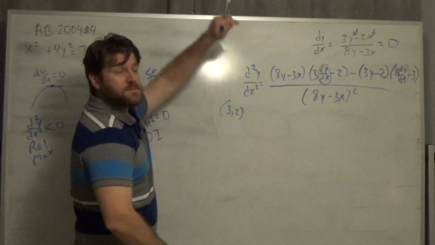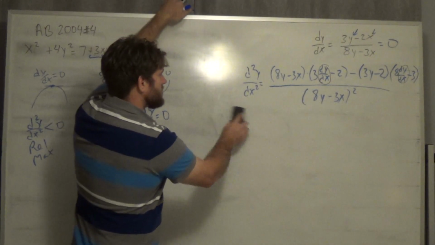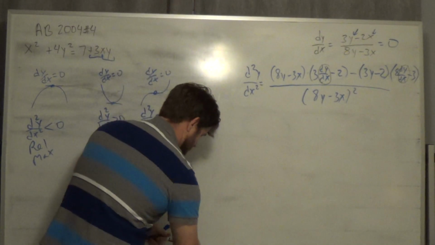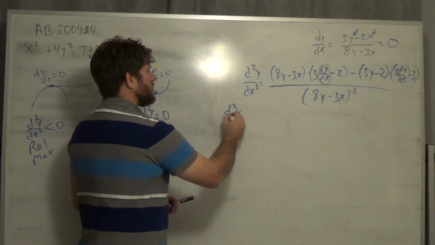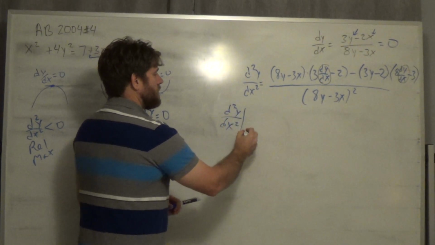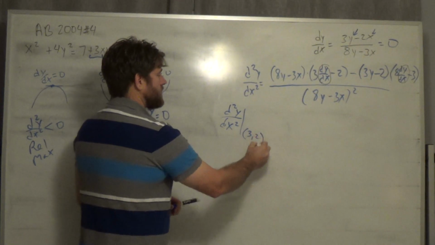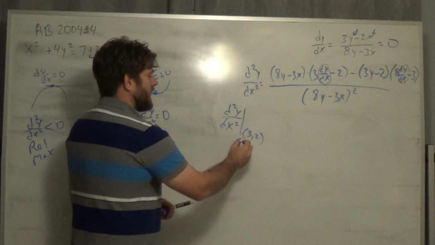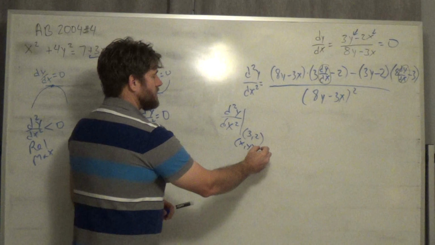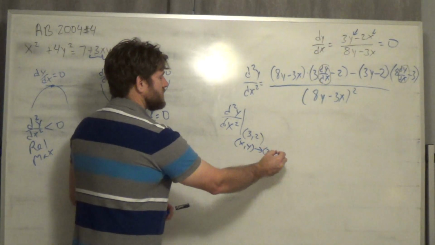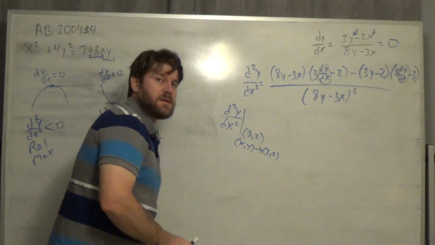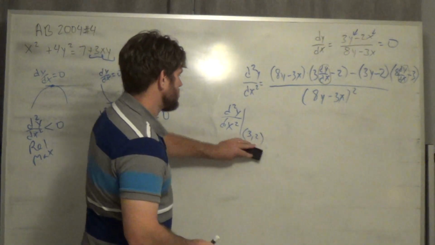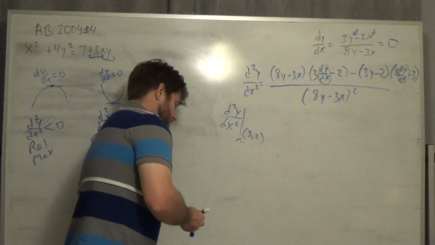All right, your AP exam is going to be free response, so your notation needs to look pretty good. We want to show the world what we're doing, and we're just going to show the world we're plugging in 3, 2. Sometimes they'll do 3, 2, x, y, 3, 2, but just 3, 2 there will work. And again, just replacing it, and then I'm going to see what the answer is.